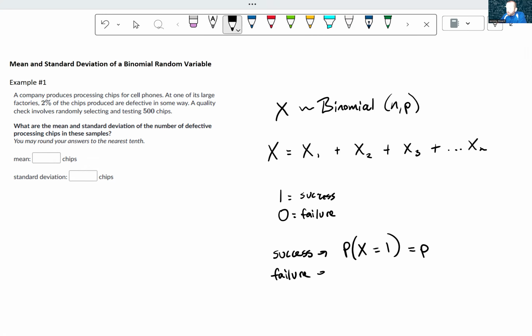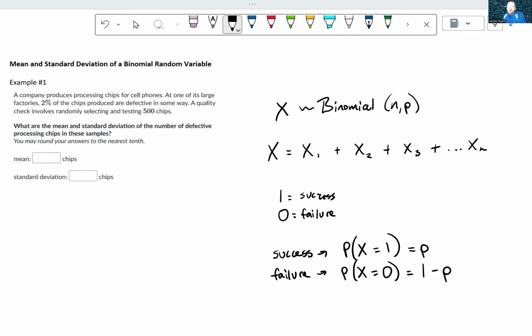For a failure, that's the probability that X equals 0. And this is the complement of the success, 1 minus p. This only works with a binary yes/no outcome or a success/failure situation.